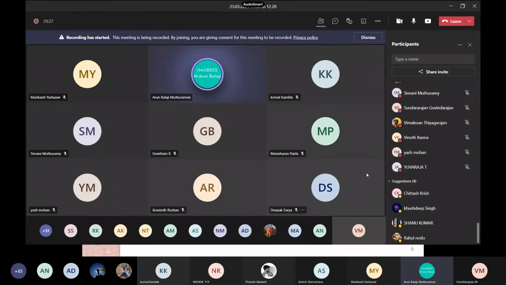Arvind Roshan: Actor Karthik Aryan has tested positive for corona. Bollywood actor. Oh, Bollywood actor, okay. Two candidates from the Makkal Needhi Maiam are also COVID positive.